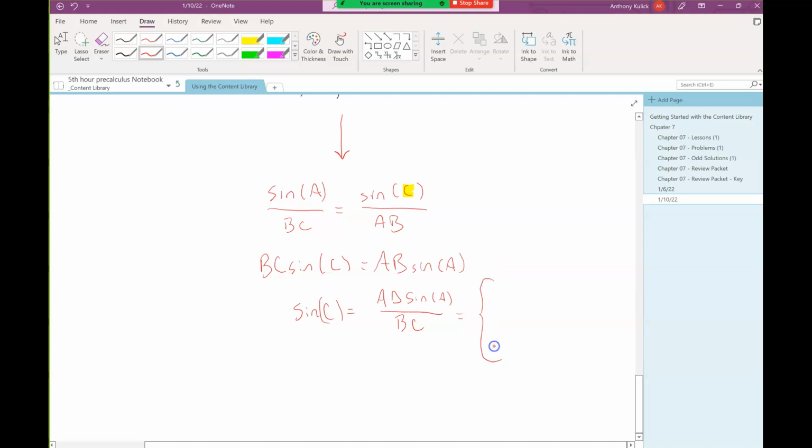And whatever that number comes out to be is going to tell me whether I'm going to have 0, 1, or 2 triangles. If that number is bigger than 1, I get 0 triangles. If it's equal to exactly 1, I get 1 triangle. If it's less than 1, I get 2 triangles. Of course.